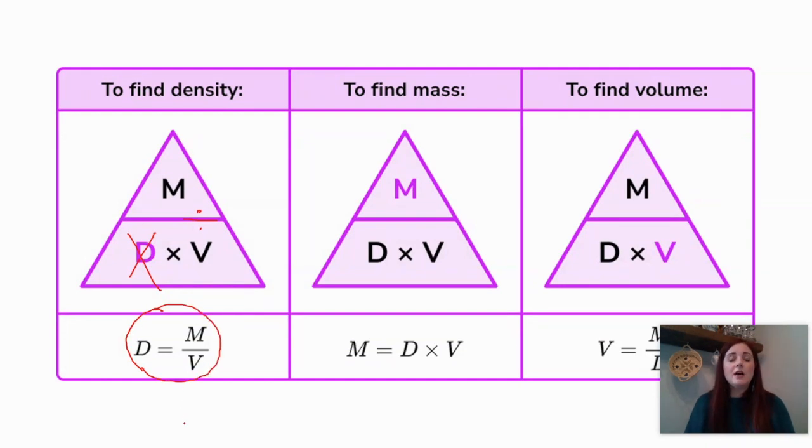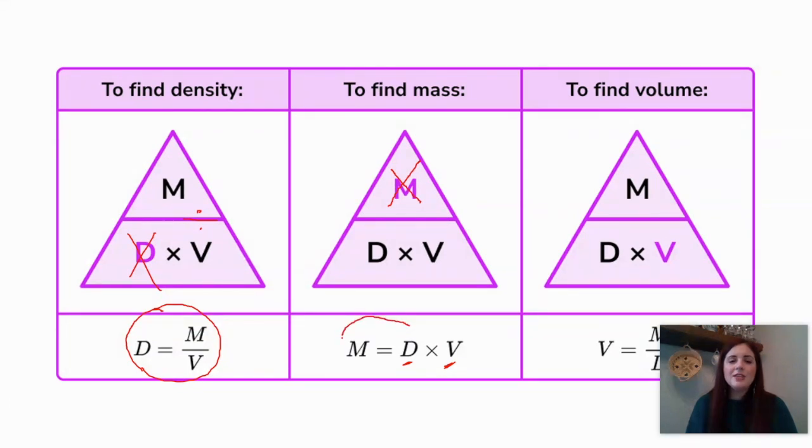Let's say you're given a problem where you're asked to find the mass. In this case, we could cross M out in the triangle, and we could see that D and V are next to each other. That means that in order to find the mass of that particular sample, I would take the density times the volume.